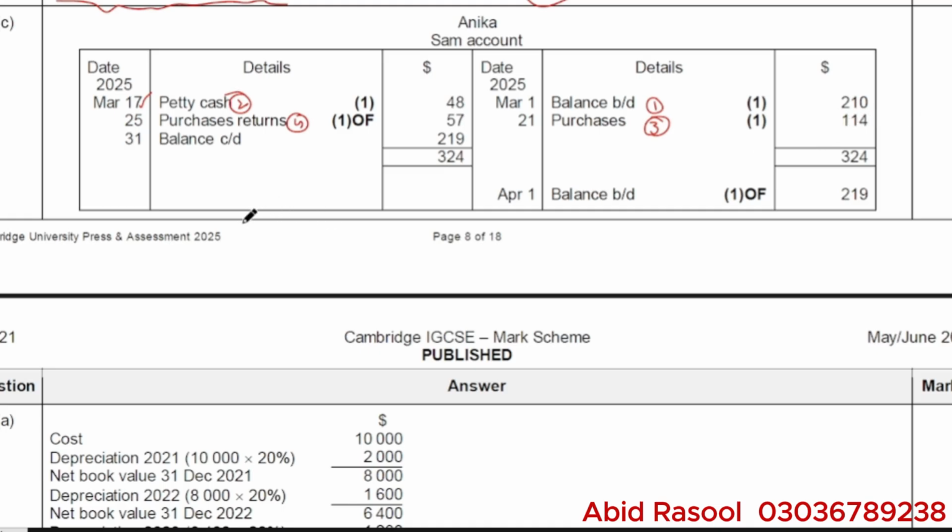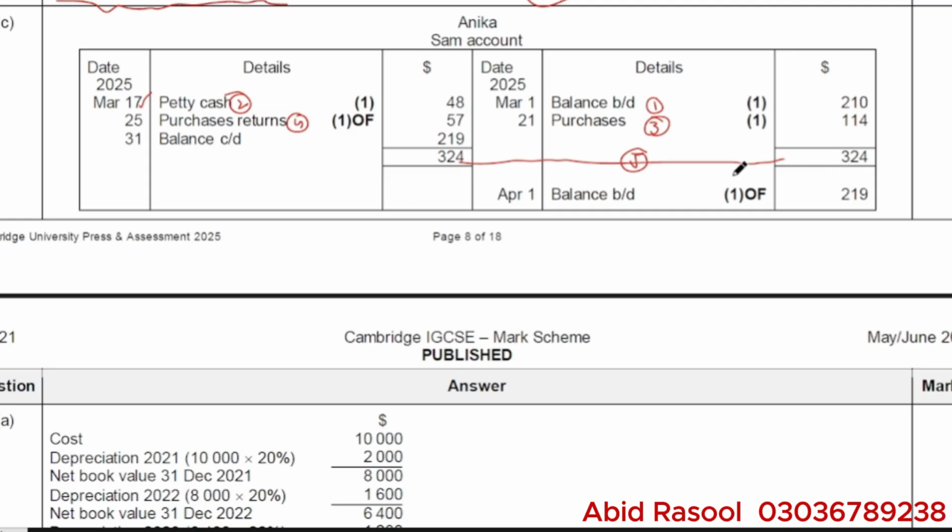Then there is no more transaction, and we just have to balance off this account. On the credit side there was 324, and on the debit side we only had two figures, 48 and 57. First of all, 324 will be written on both sides. This is the fifth step in making Sam's account.